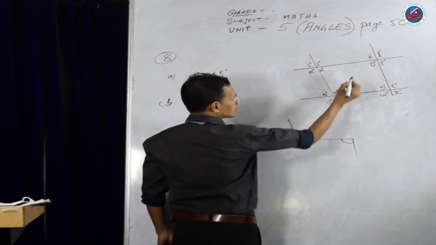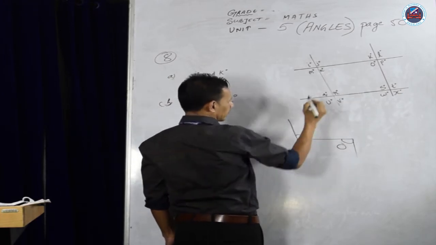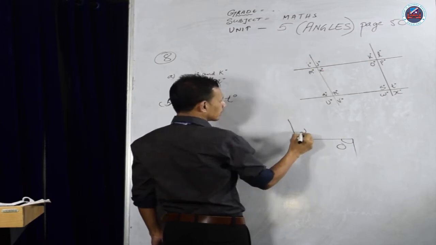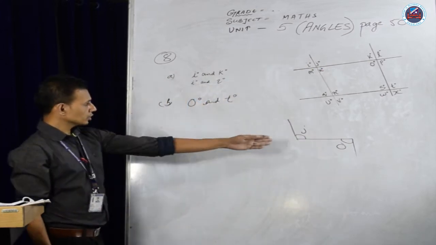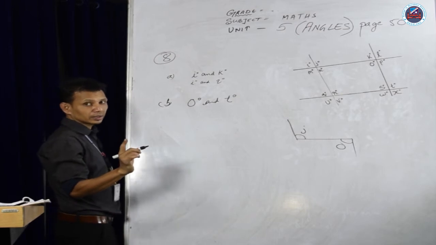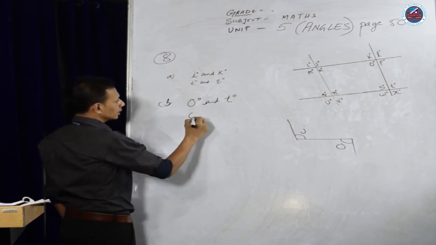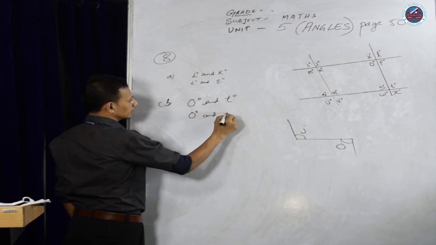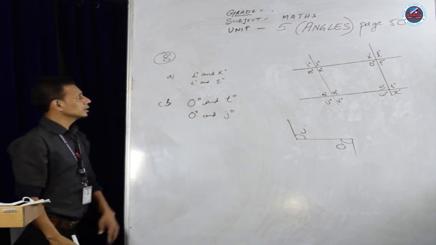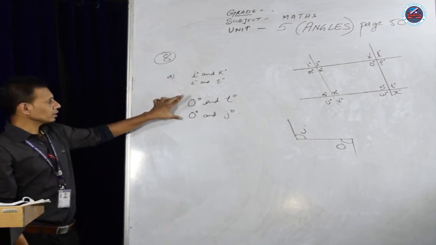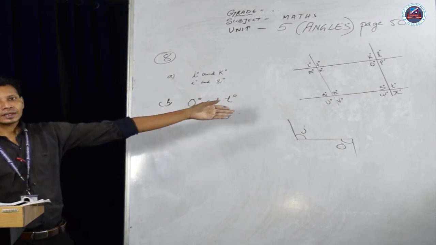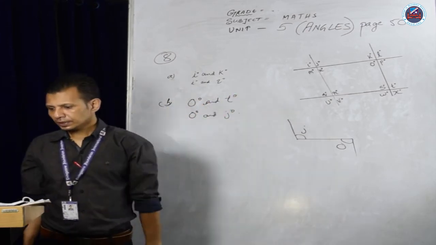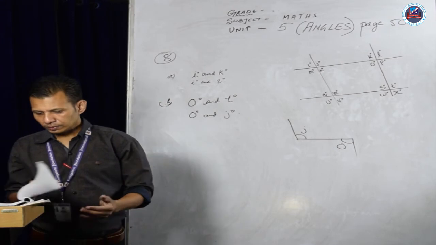So this angle is O, and this angle is J. This is how you have to find. So J and O is surely equal because they are alternate angles. O degree and J degree. Two pairs of corresponding angles, two pairs of alternate angles from this given diagram. Okay?